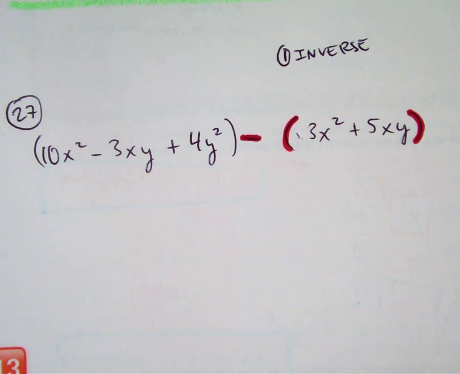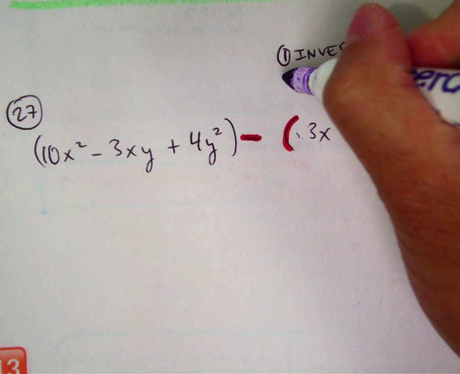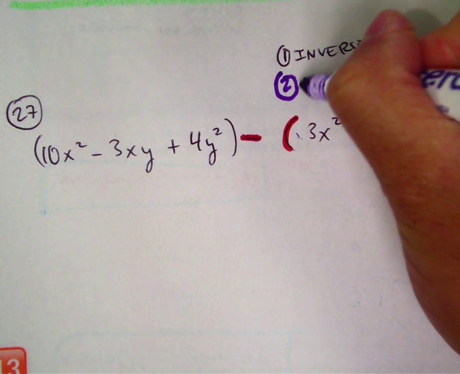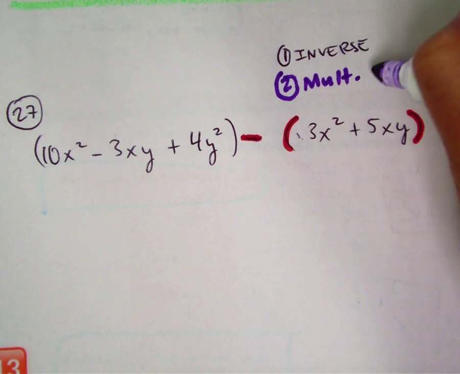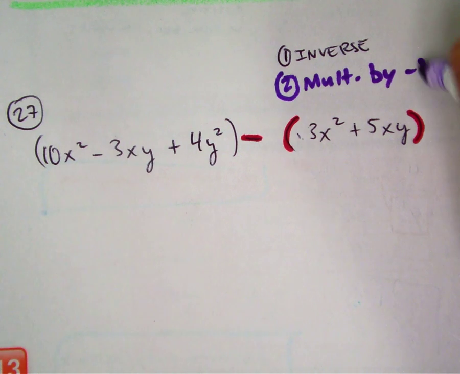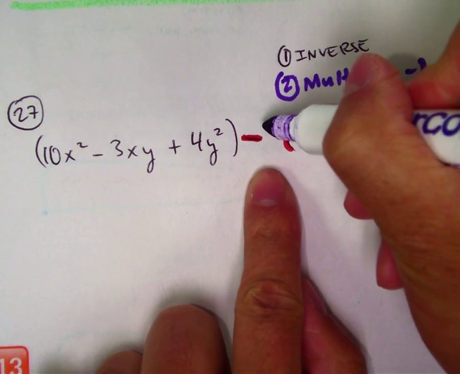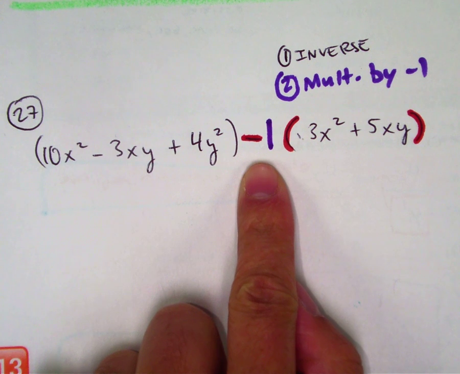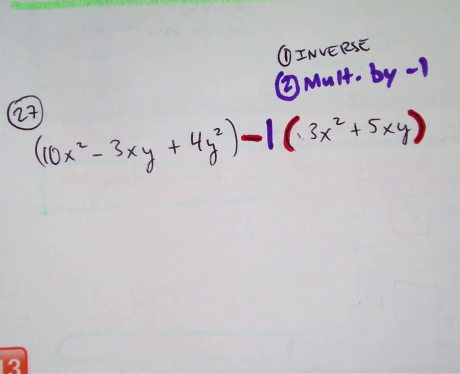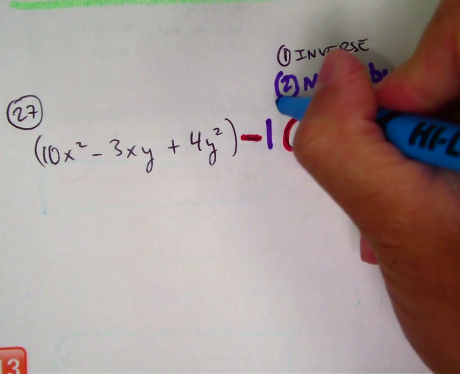The second way that you can describe this is multiplying by a negative 1. Class, what number are you multiplying by? Okay, so you're just going to put a 1 right here. And then you can just do distributing.